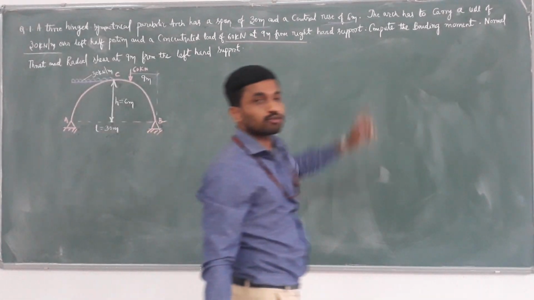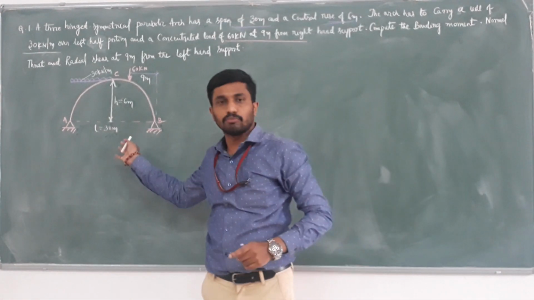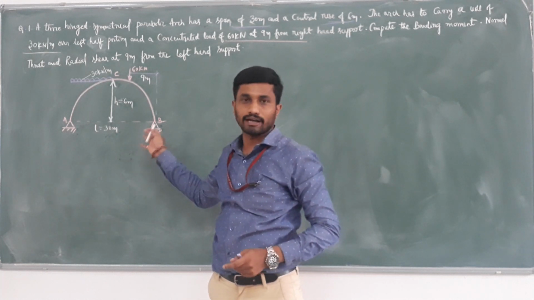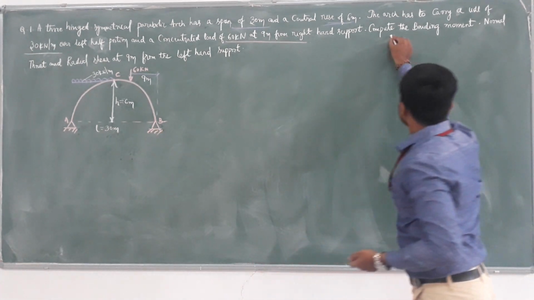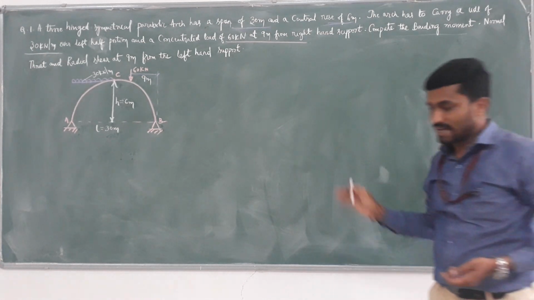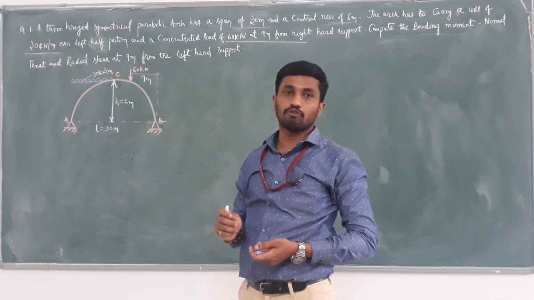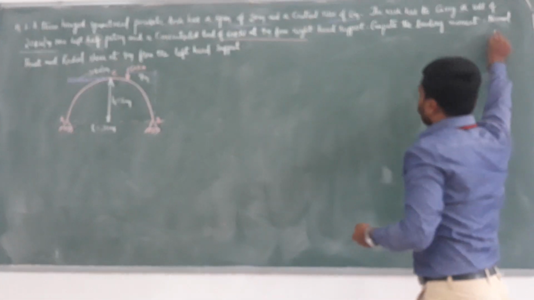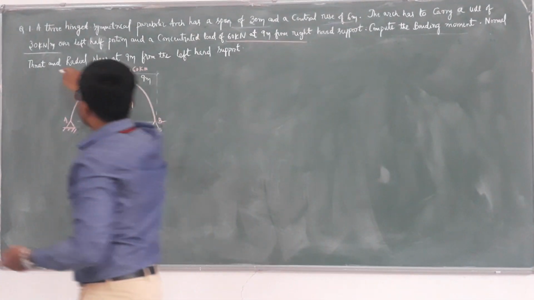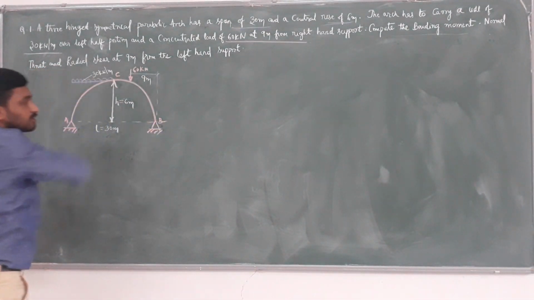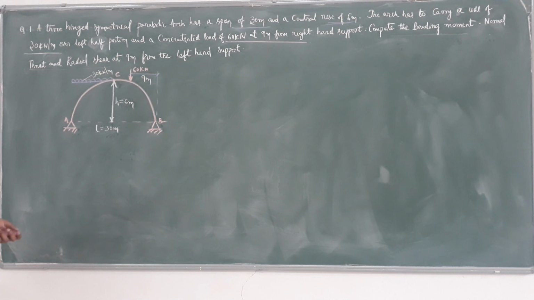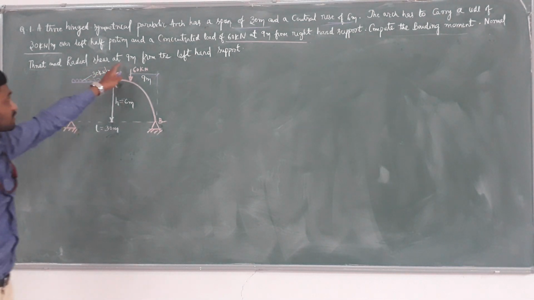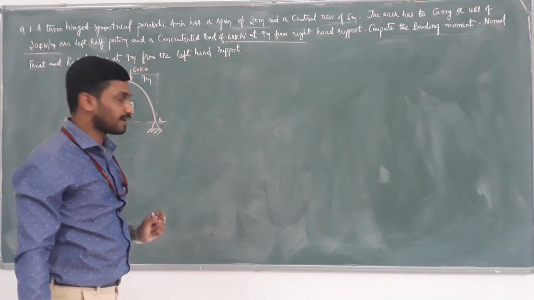Now, what we have to compute for this symmetrical three-hinged parabolic arch is the bending moment, and also the normal thrust and radial shear, NT and RS, at 9 meter from the left hand support.